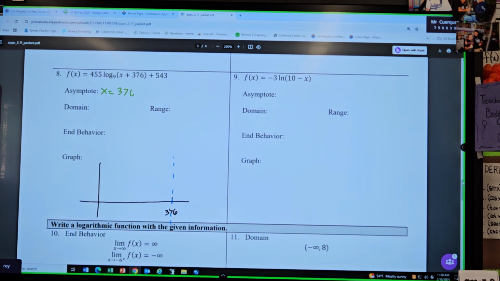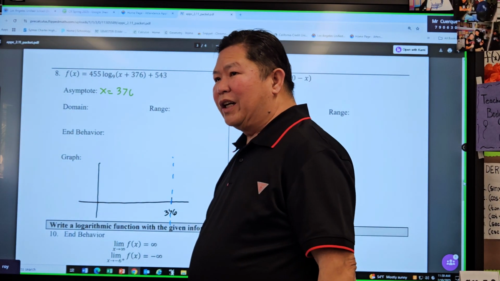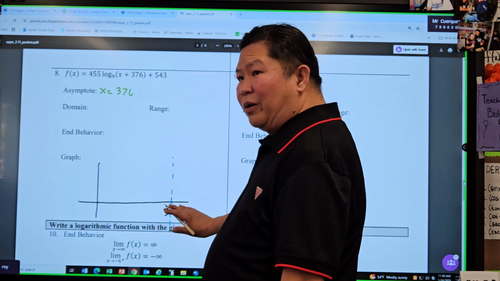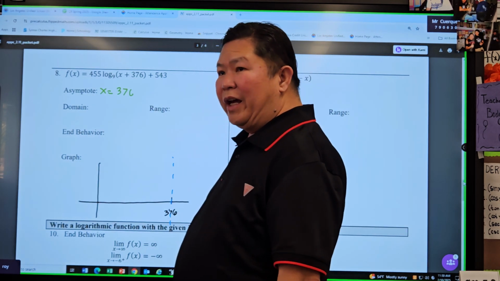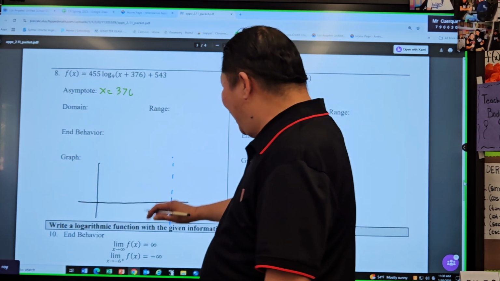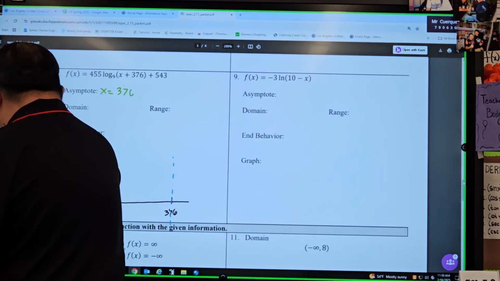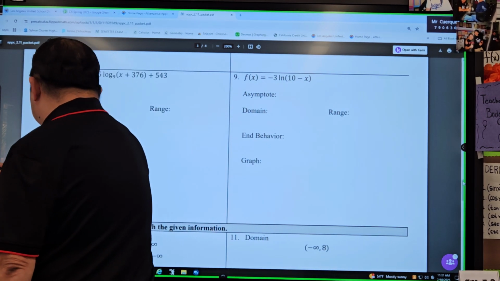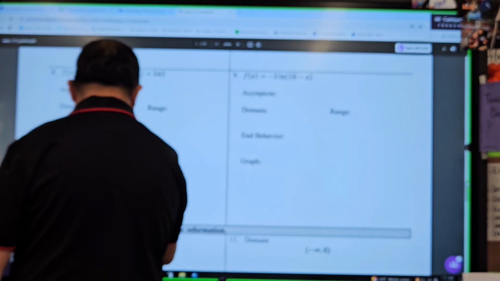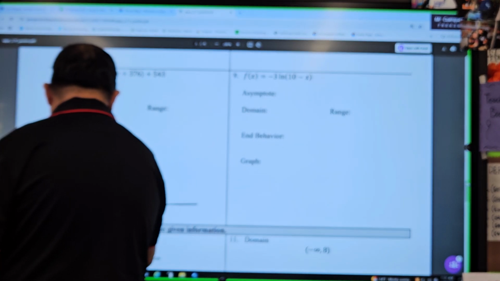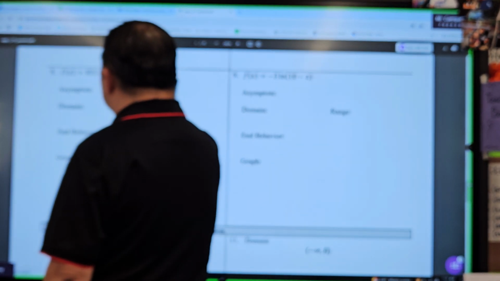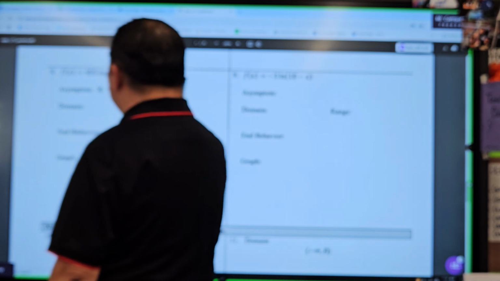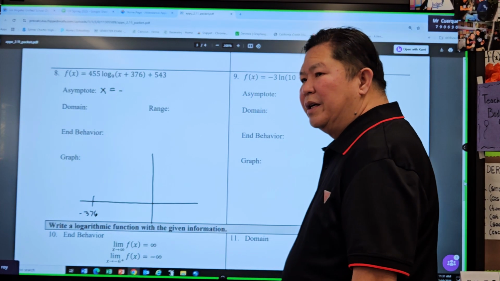Mr. Roy, isn't it negative 376? Yeah, thank you, someone reacted. I have the intention why I wrote it this way. It must be negative. So our vertical asymptote is negative 376.